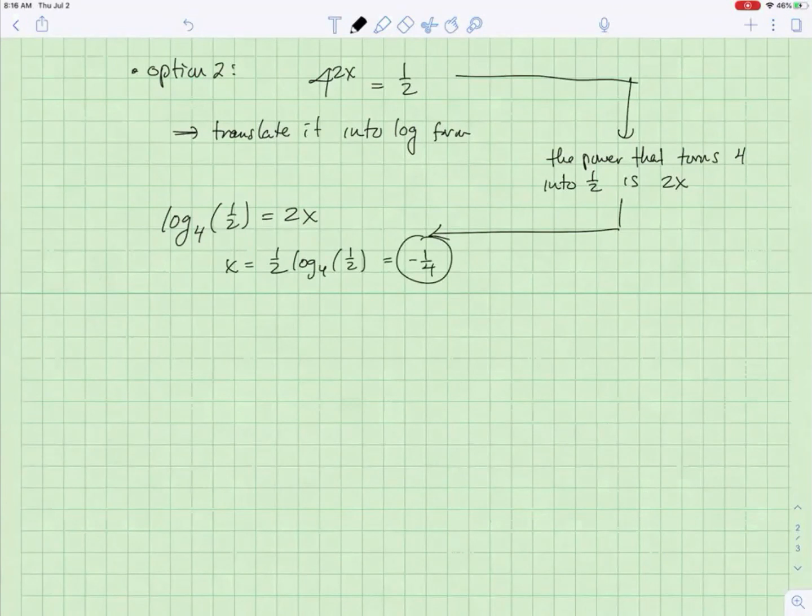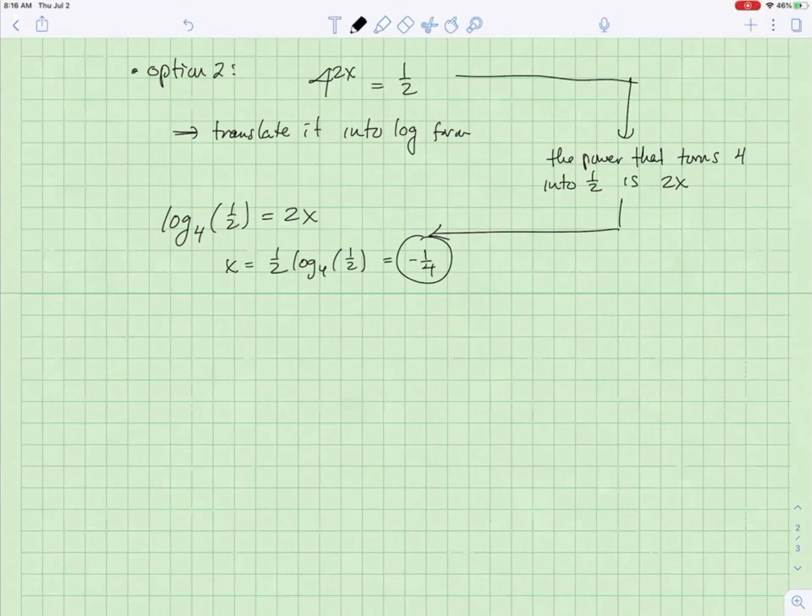I think the easiest way to do this particular problem, though, is with that idea of simple exponential equations, where we rewrite everything in terms of the same base, although it's more or less the same thing. However, when we get to the more advanced problems, option 2 is probably going to be the way to go here. So keep working on your translation.